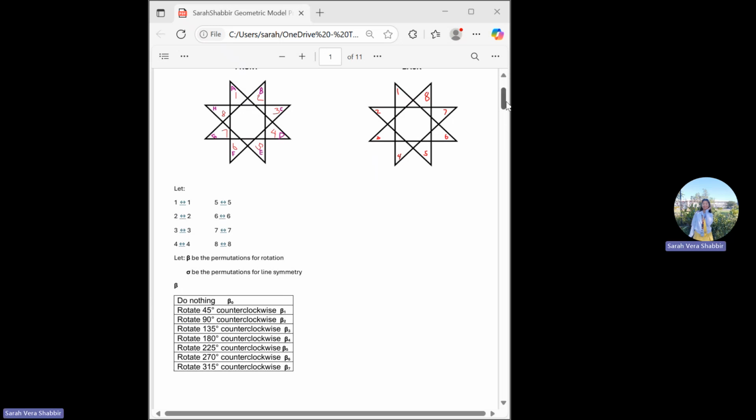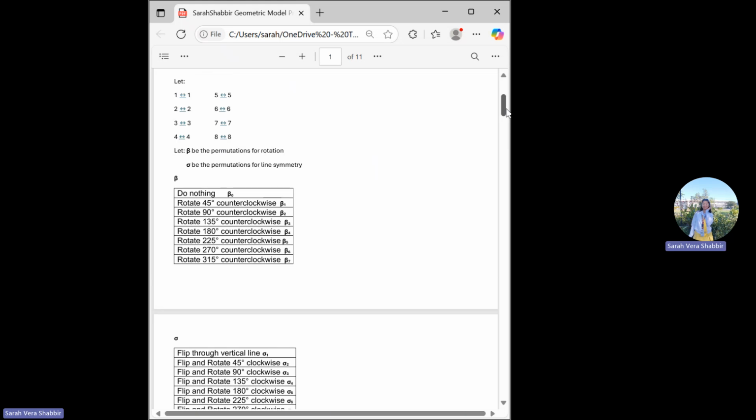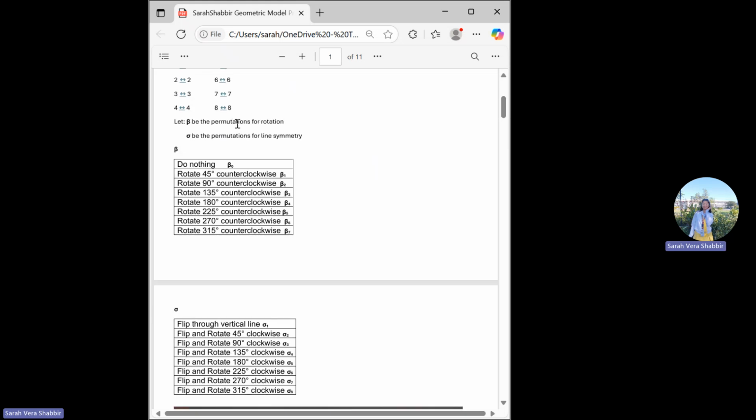So we have here the movements for the permutations for rotation. The first one is B sub 0, which is do nothing, or the identity element. B sub 1 rotates the prism 45-degree counterclockwise. B sub 2 rotates 90-degree counterclockwise.